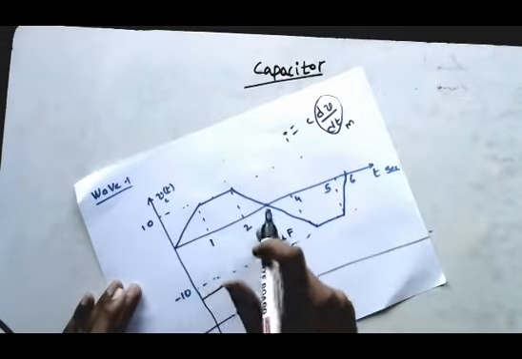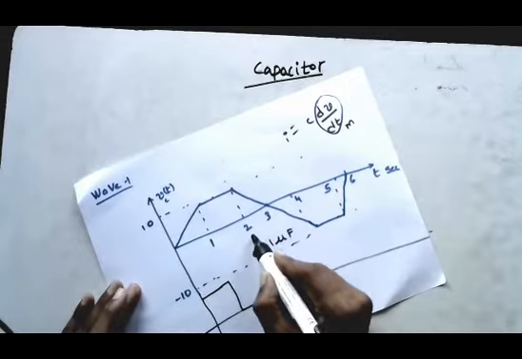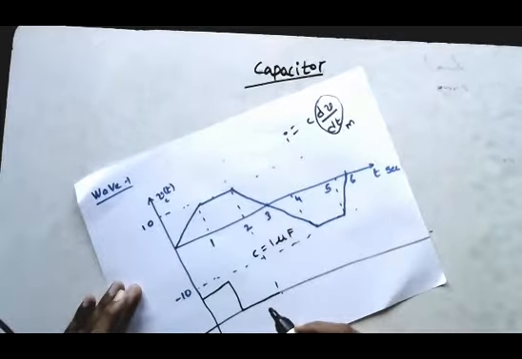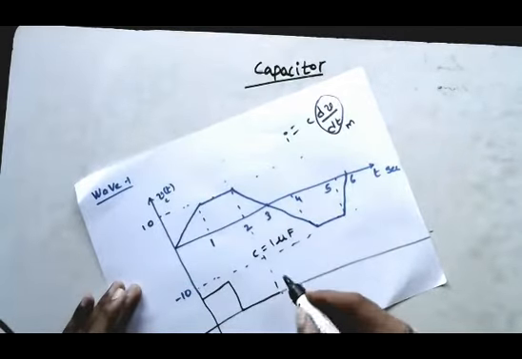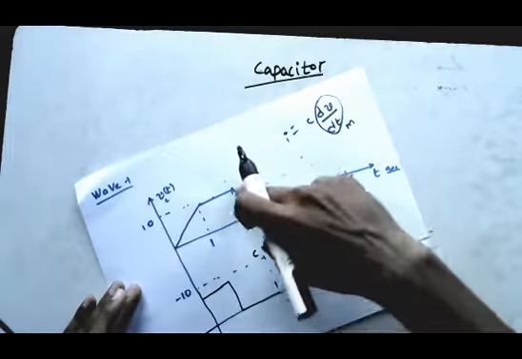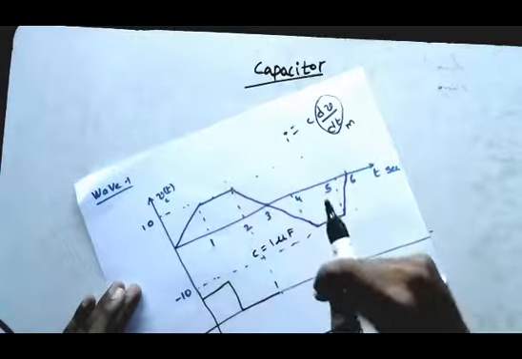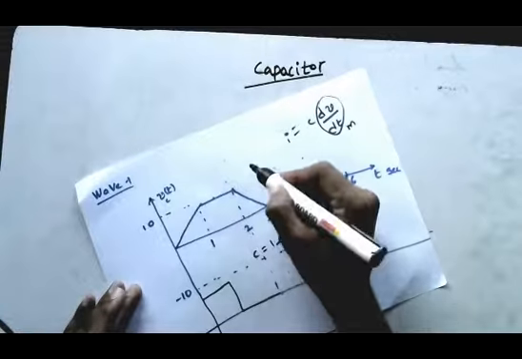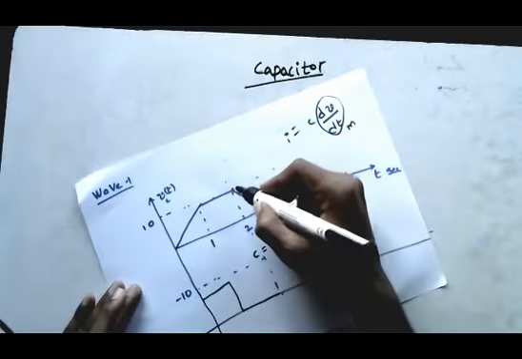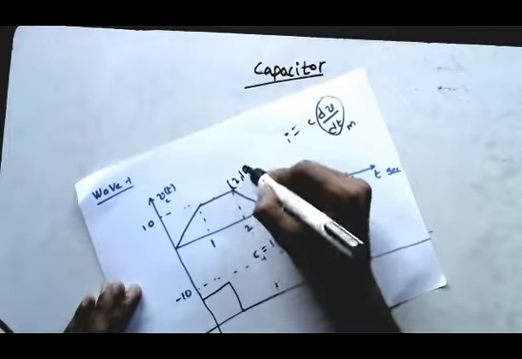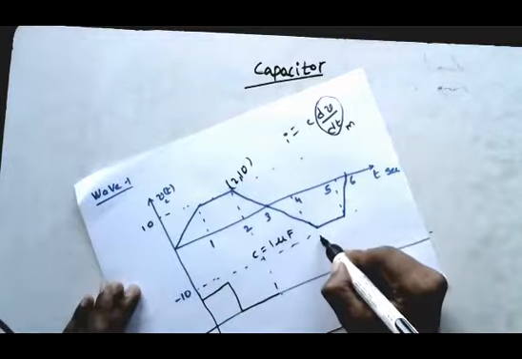After 1 and 2, there is no change of voltage, so there is no change of current. Next, from 2 to 4, there is a large change in voltage, so there will be a large change in current also. This point is 2 comma 10, and this point is 4 comma minus 10.